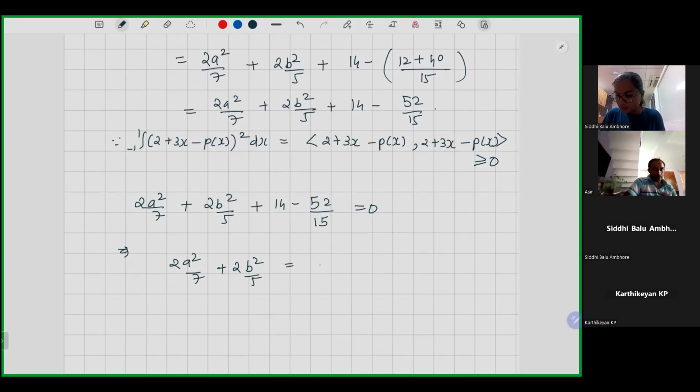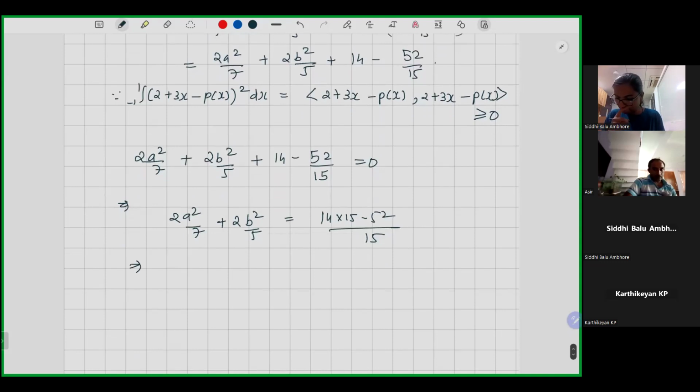But this will be 14 into 15 minus 52 by 15, by 7 by 5. So what will this be? 210 minus 52 by 15, which is 158 by 15.